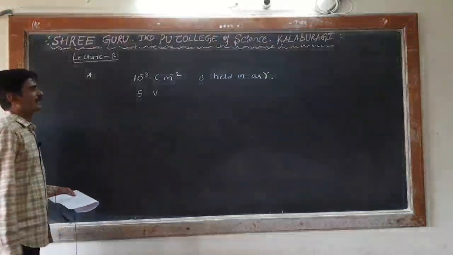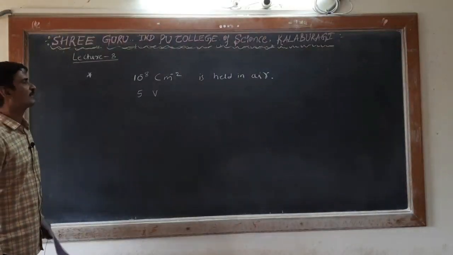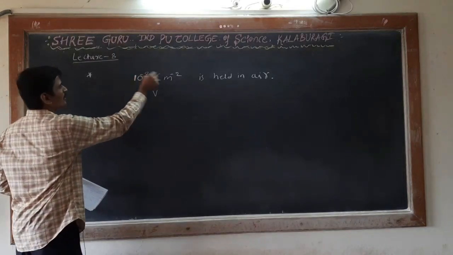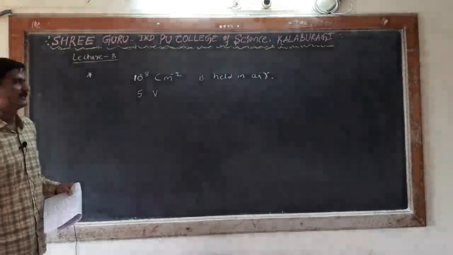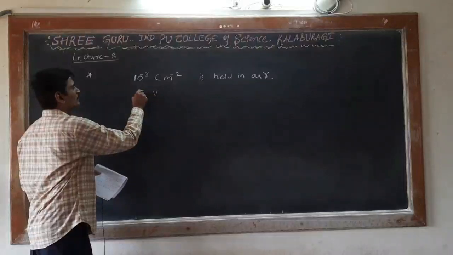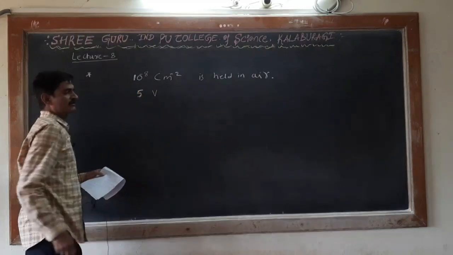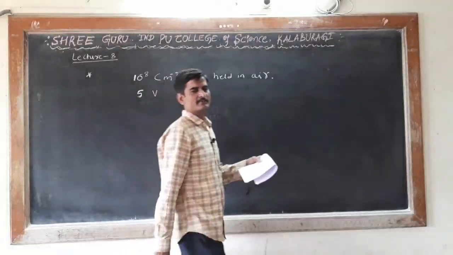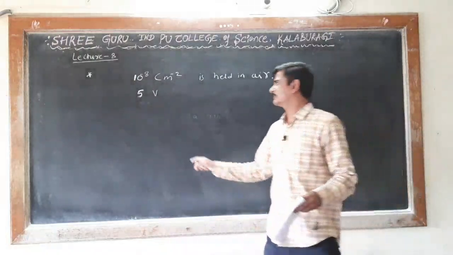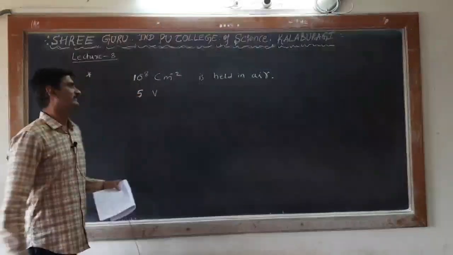An infinite plane sheet of charge density 10 to the power minus 8 coulomb per meter square is there, and we have to find the distance between the equipotential surfaces where the potential difference is 5 volt.